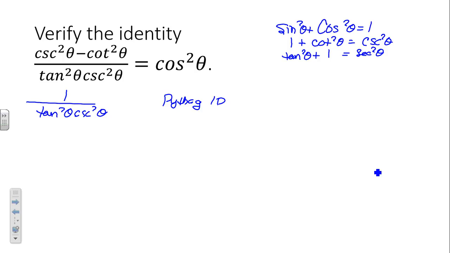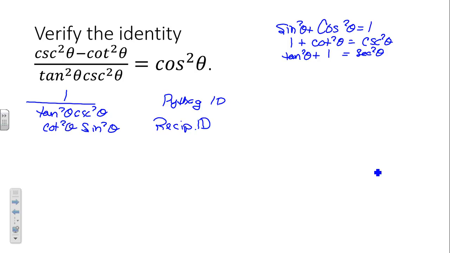Now what do you want to do? Okay, the cosecant is 1 over the sine, so this is a sine squared, and 1 over tangent squared is the cotangent squared. Okay, so we use the reciprocal identities to get rid of that 1 over part.